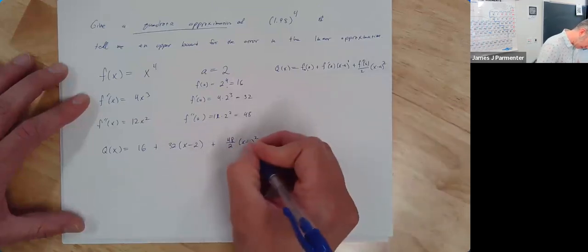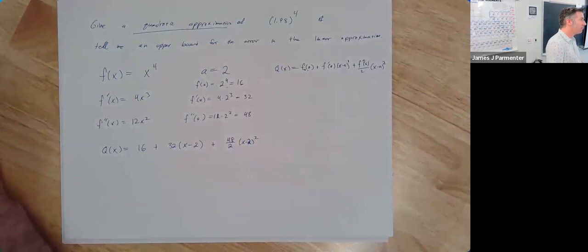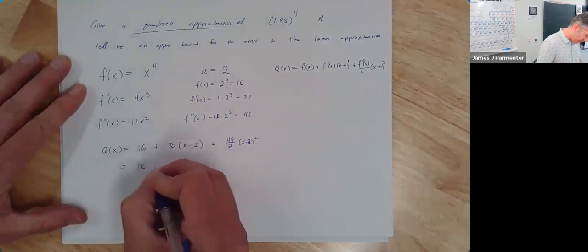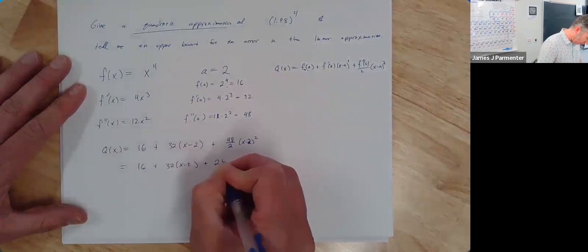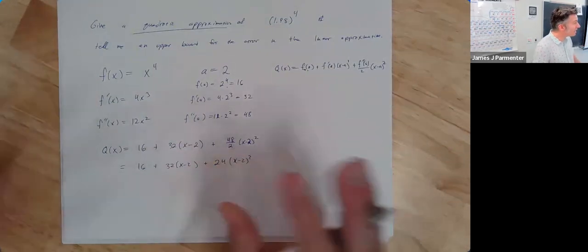Oh, it should be x minus 2 squared. Sorry about that. You should not simplify this at all. Not in your interest. I take one tiny piece of that back. You could, if you really wanted to, write this as 16 plus 32 times x minus 2 plus 24 times x minus 2 squared. You shouldn't do anything else.